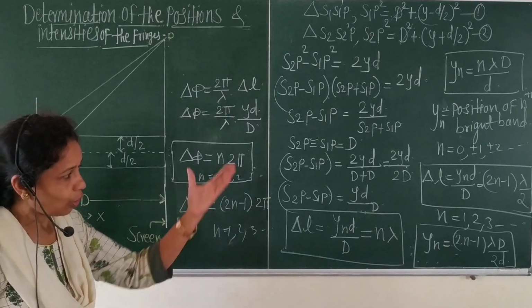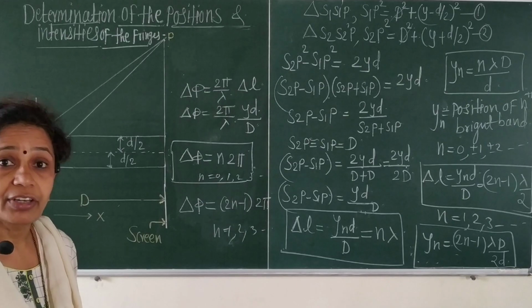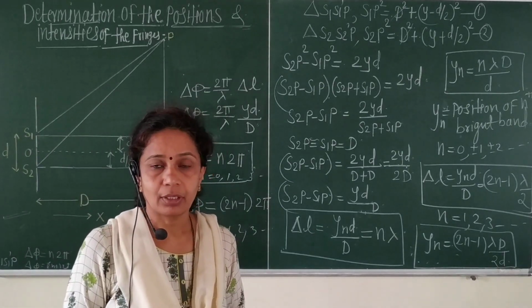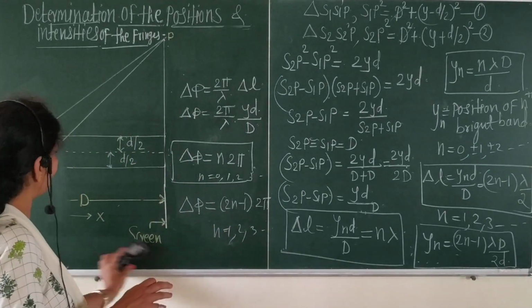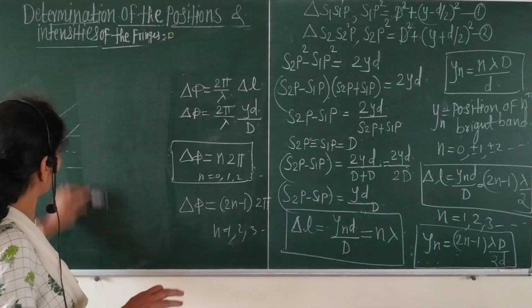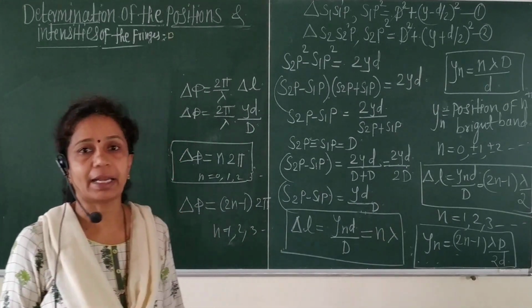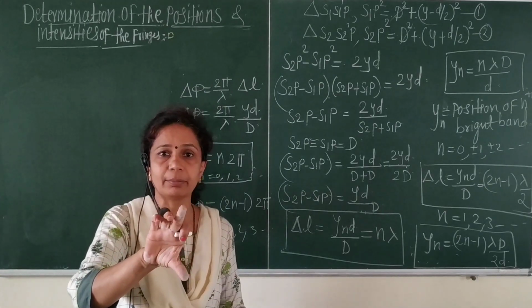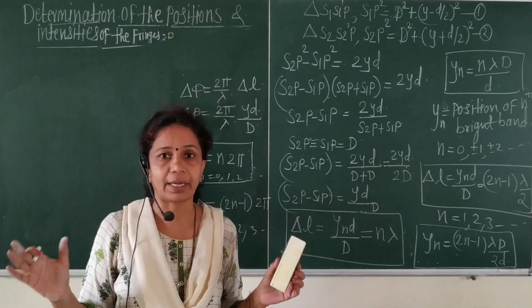Therefore, all these points are very important. Then what is the fringe width? Bandwidth or fringe width is the distance between two successive dark bands or two successive bright bands. In the interference pattern, the central band is the bright band, and on both sides there are alternate dark and bright bands.